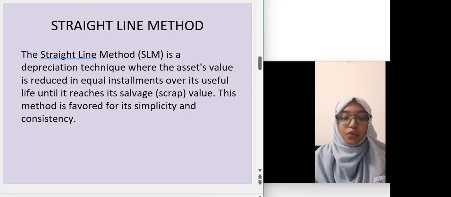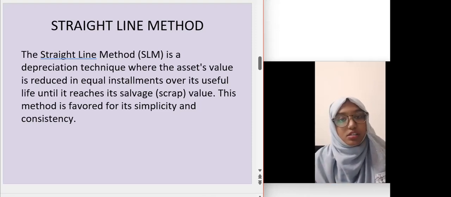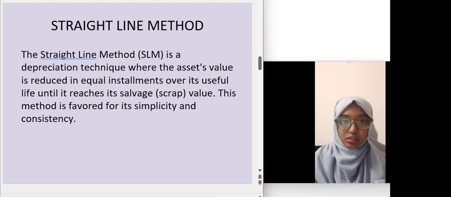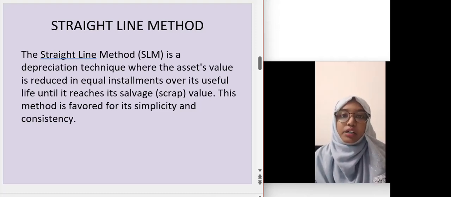The asset is depreciated by a fixed depreciation value from the first year till the date of its sale or scrap value, and the depreciation value remains the same. This method is preferred mostly for its simplicity and consistency. It does not have much complexity in calculating the depreciation value, because it remains the same throughout the useful life.